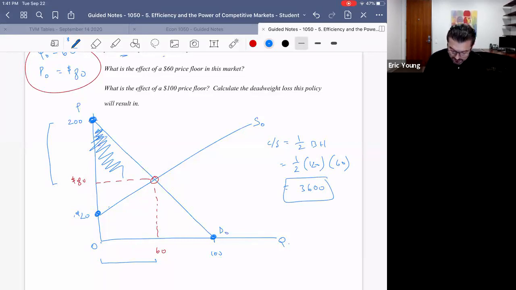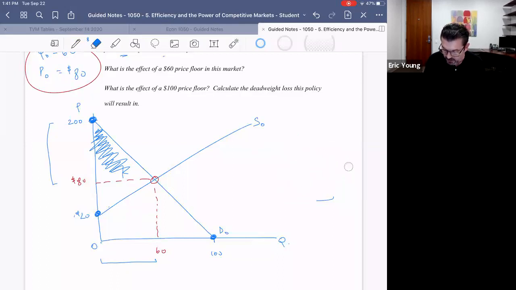That is the area of this triangle. Okay? So far, so good. So we have our consumer surplus, 3,600. Producer surplus time. Producer surplus, it's still a triangle, except this time it's this triangle.